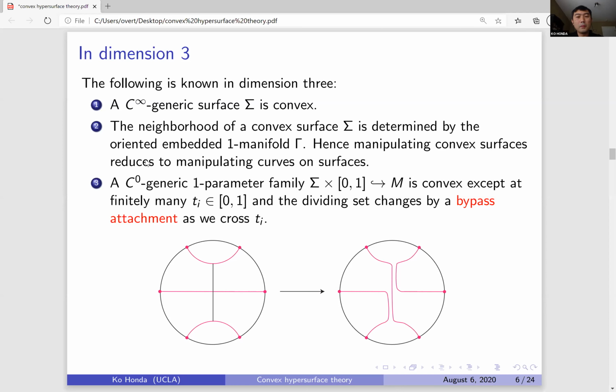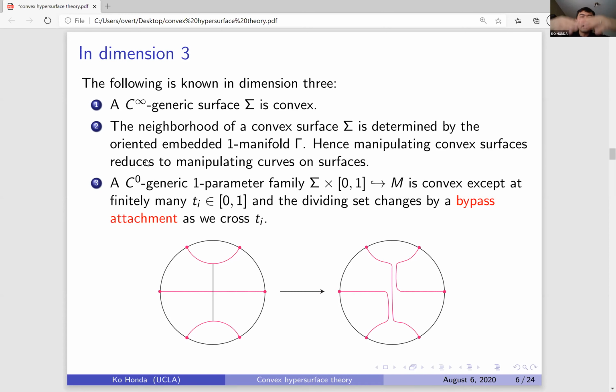And so, manipulating convex surfaces basically reduces to manipulating curves on surfaces. Now, a C0 generic one parameter family sigma cross [0, 1] embedded in M. So suppose you have a surface and you sweep it out in M in an embedded way.